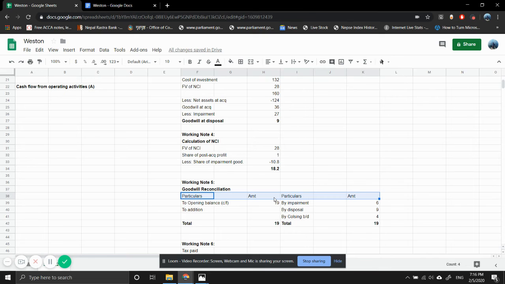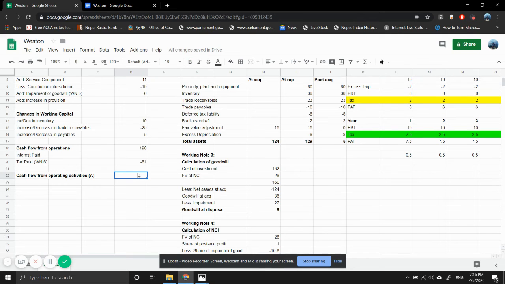Let's make this beautiful. So we can compute our cash flow from operation, sum of everything, $109, right? So cash flow from investing activities, we are required to prepare that as well.